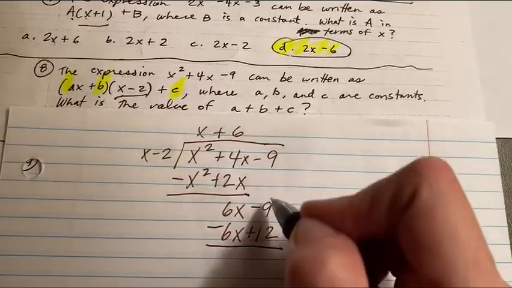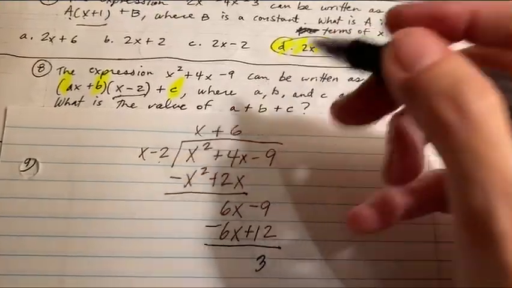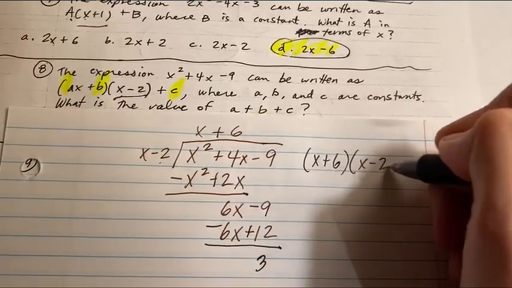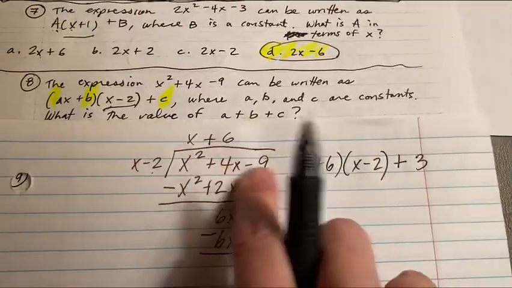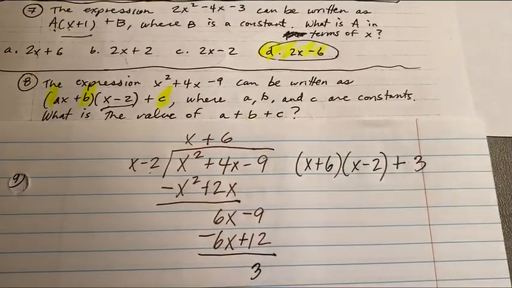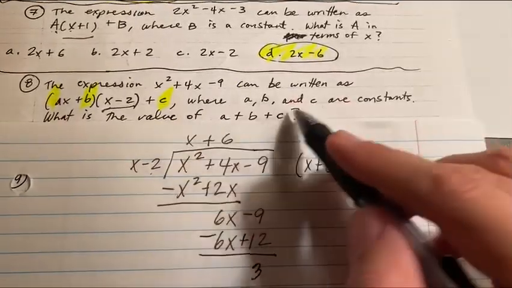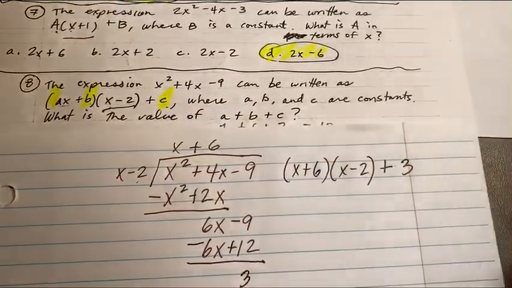Distribute the negative 3. So this could be rewritten x plus 6 times x minus 2 with the remainder 3. And that's the same as what we started with. So they're asking what's A, what's B, and what's C added together.